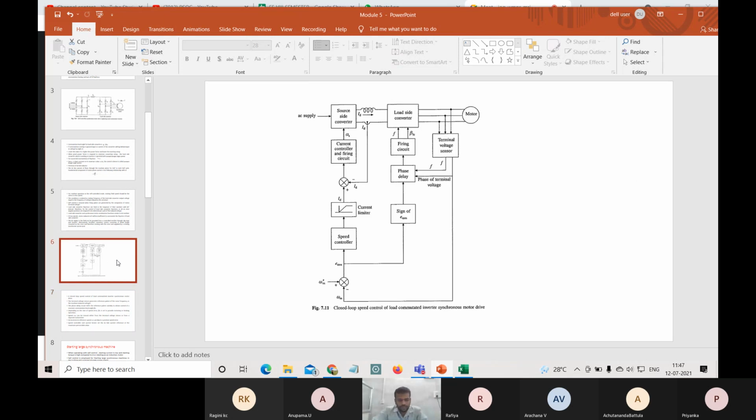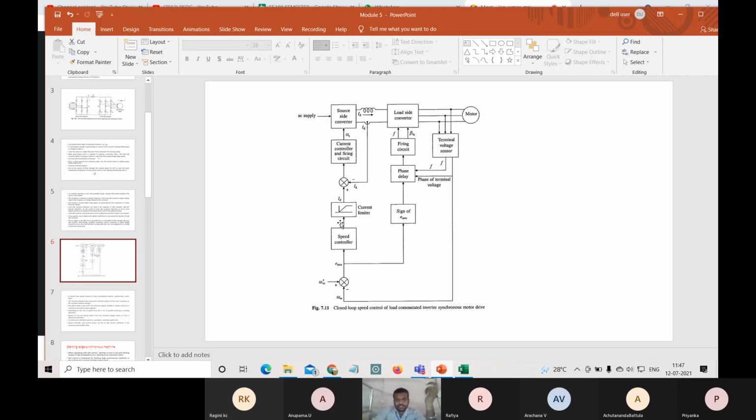So these two set the reference values in the DC link, which should be at the maximum permissible values.